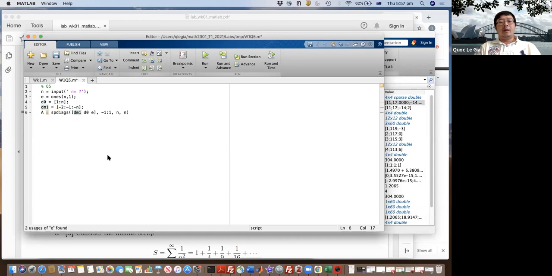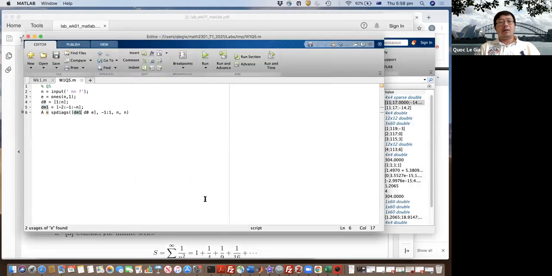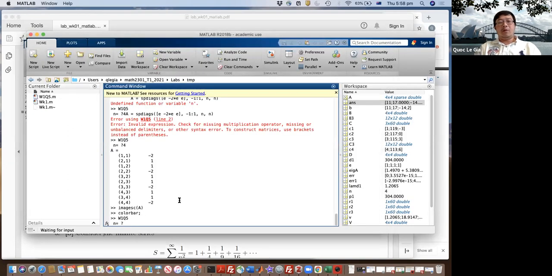And then the upper diagonal is n-1, going back to 2. So D1 is n-1, going back to 2, and this is my D1. Okay, so I just run it, with n equal 4.